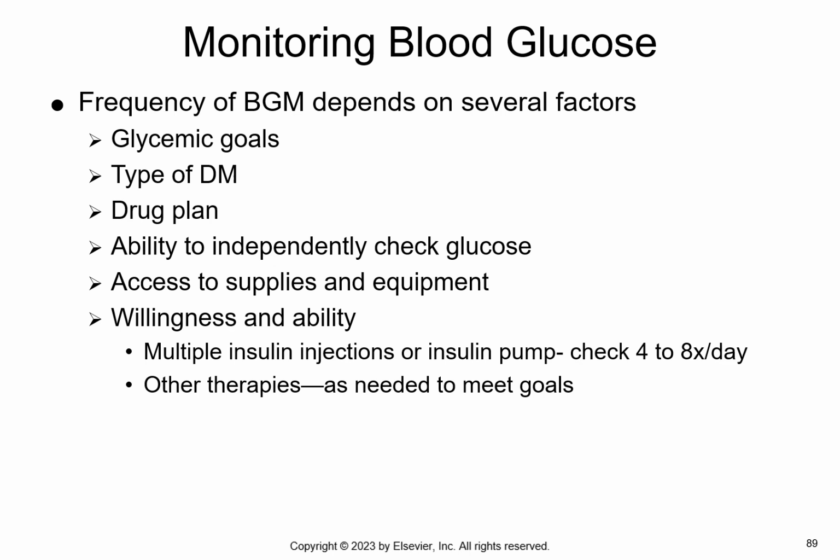These include the patient's goals, type of diabetes, drug plan, the patient's ability to check it, independent access to supplies and equipment, and the patient's willingness and ability to do so.